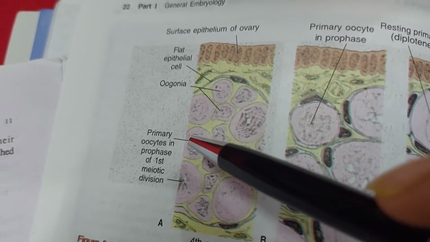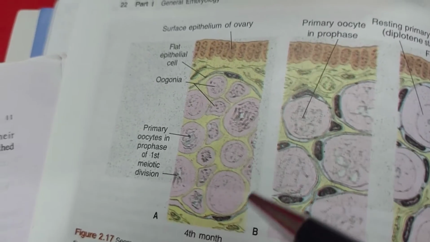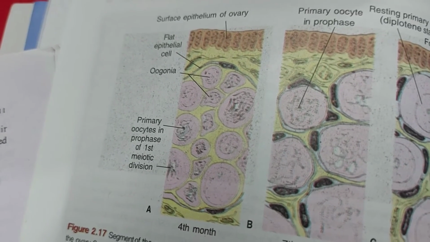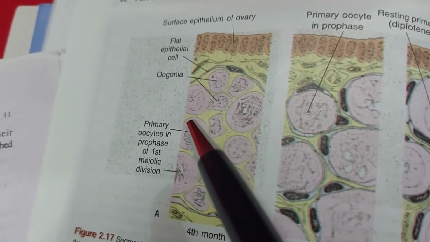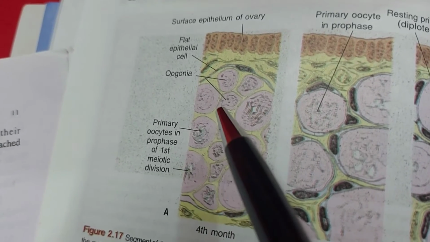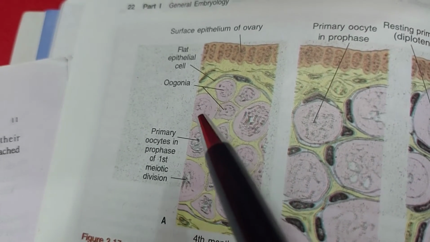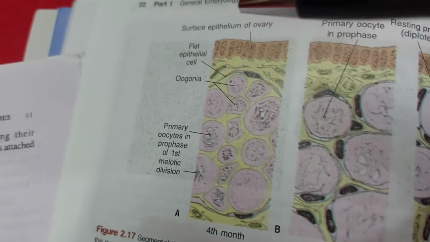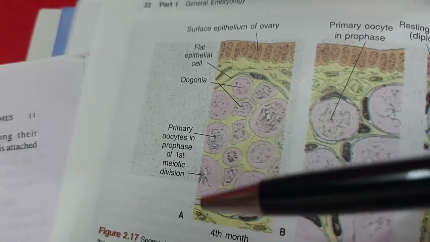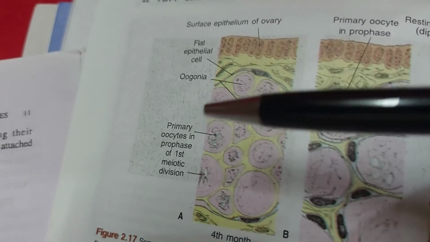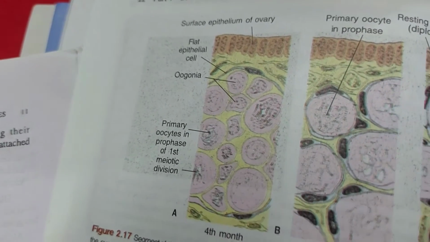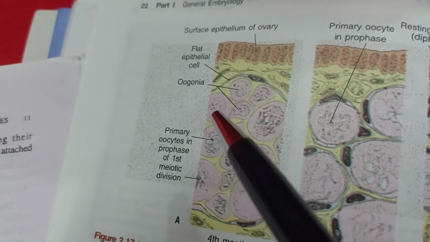This primary oocyte then enters into meiotic cell division. That means the formation of oogonia is by mitosis, and the formation of the oocyte from primary to secondary is by meiosis.